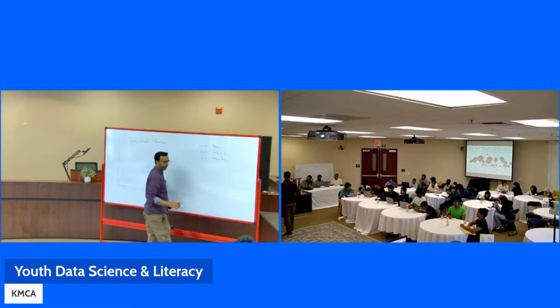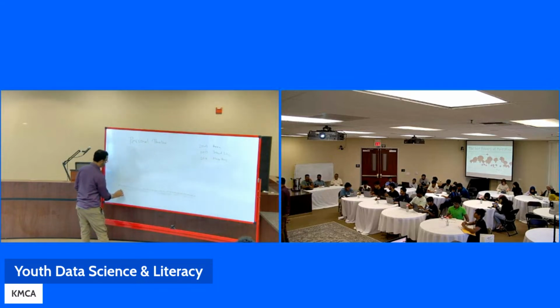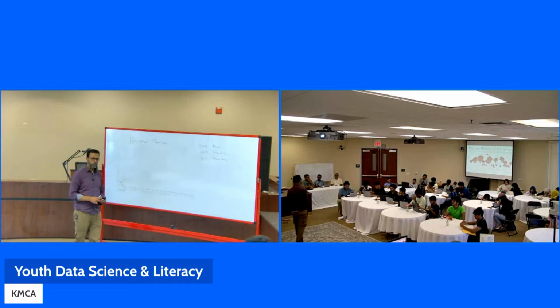Things like that, like major milestones in your life, you write it down. Okay, this is when I was born, this is when we moved, and try to make it in a visual way.